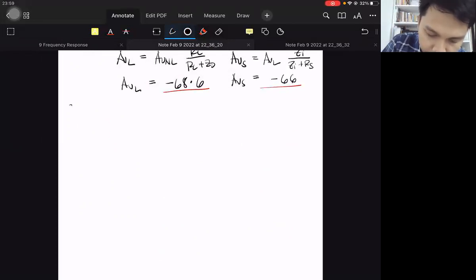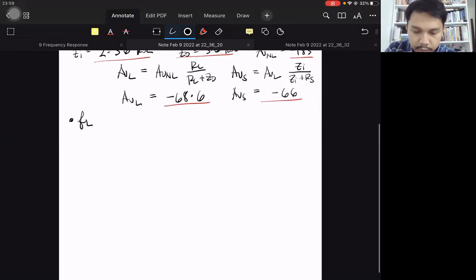Starting with FL, or the low cutoff frequency.